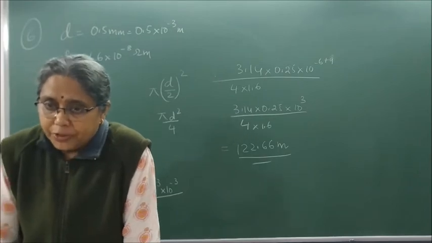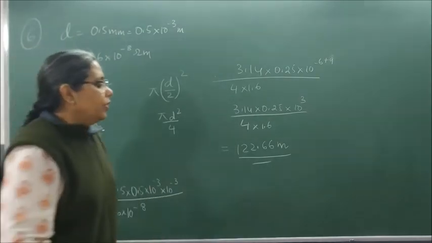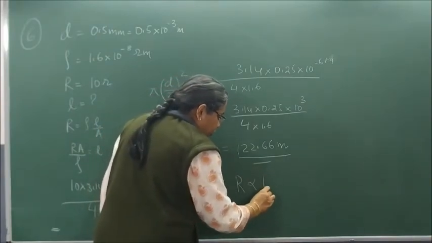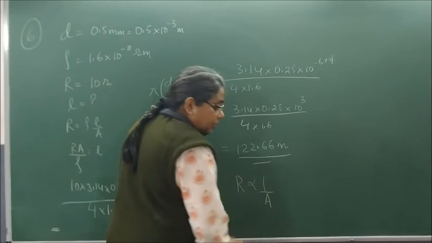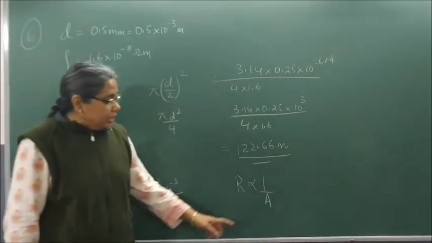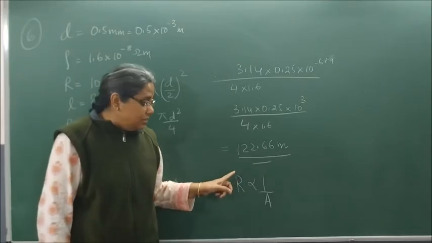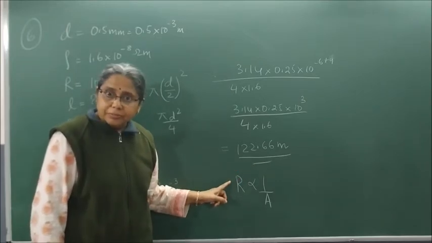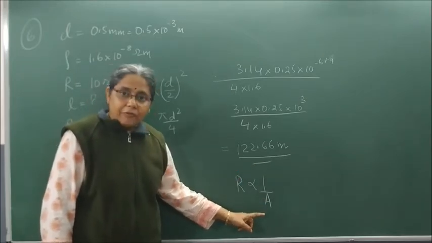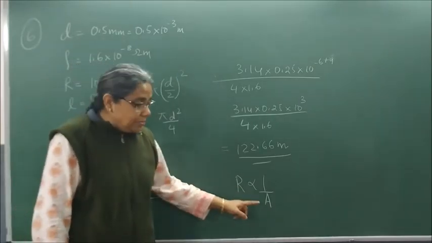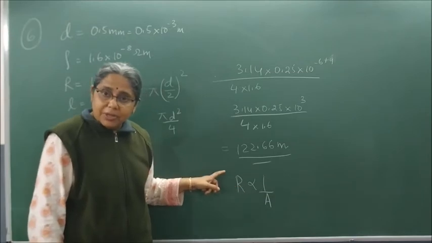The next part of the question says, how much does the resistance change if the diameter is doubled? See, we know resistance is inversely proportional to area, correct? If diameter is half, resistance will become double, correct?